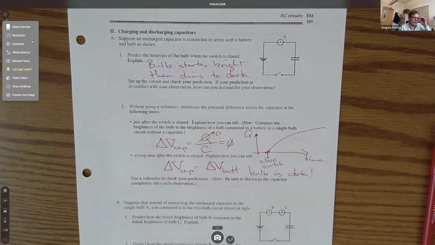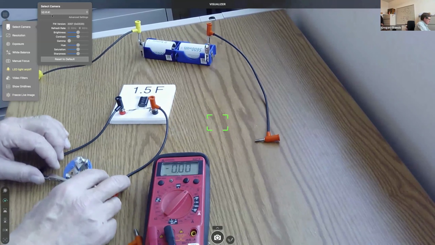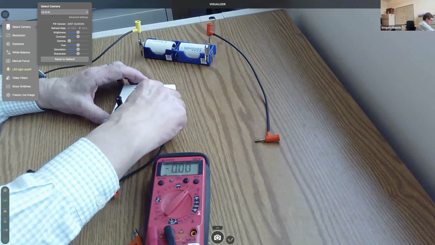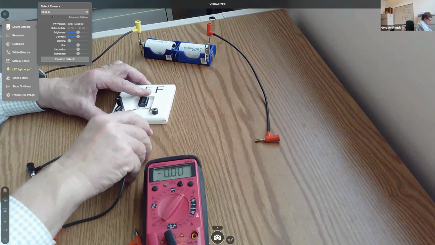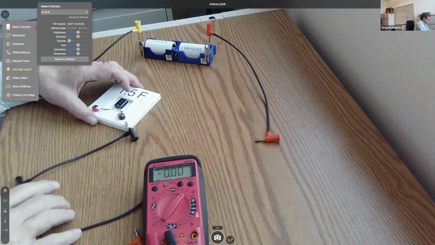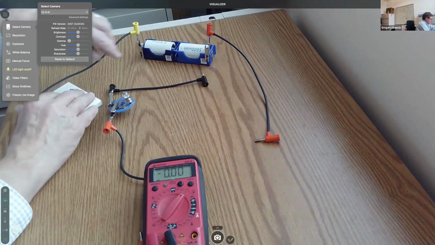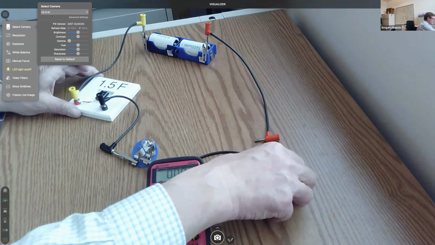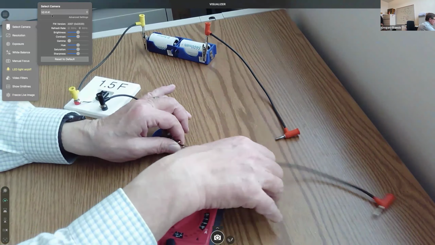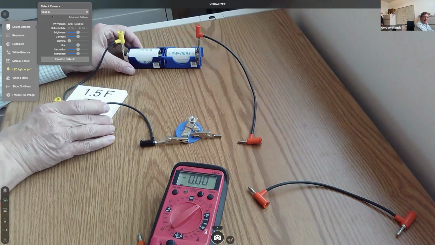Okay, so we go over here to the other camera. Now, here's my battery pack.